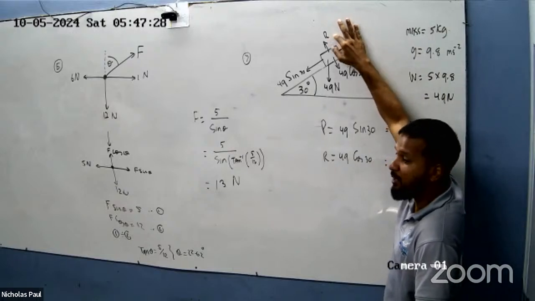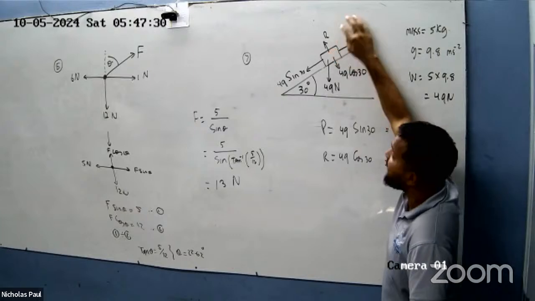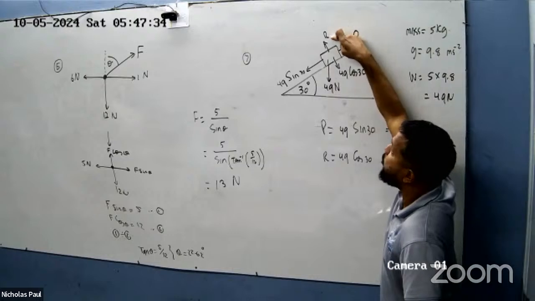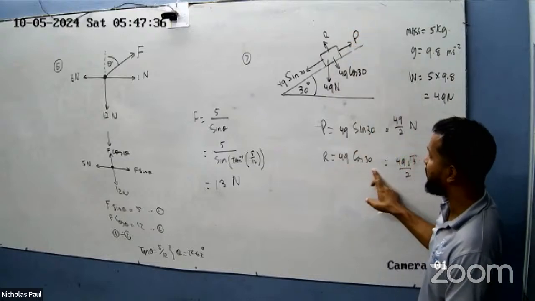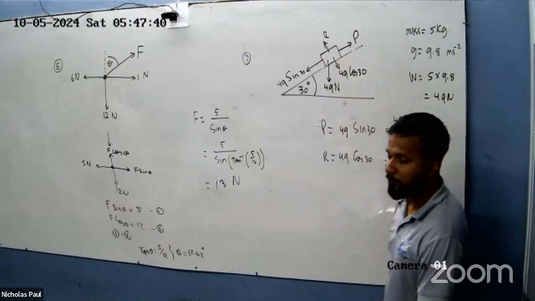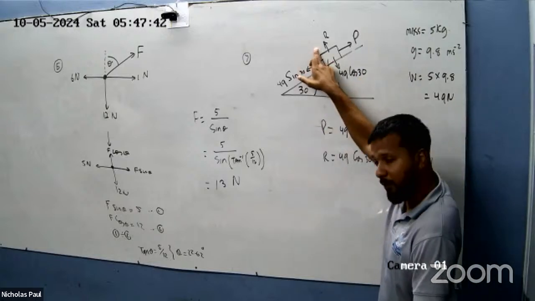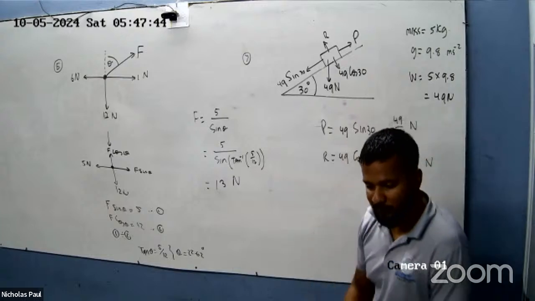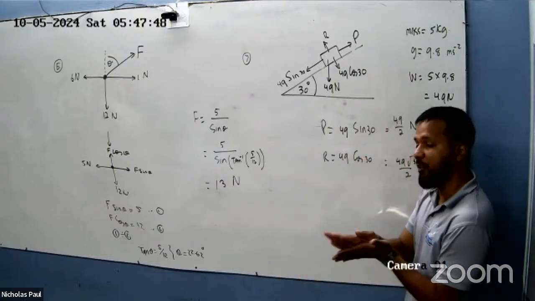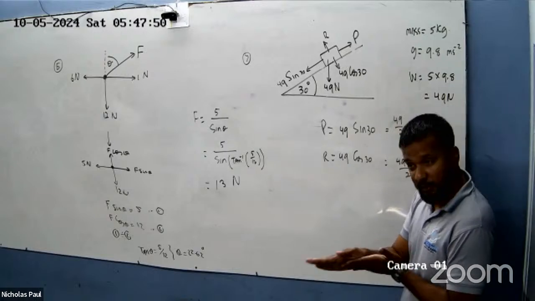That's the contact force, right? The larger R is, the greater the friction. Think about this: the larger the contact with the surface, the greater your friction value.